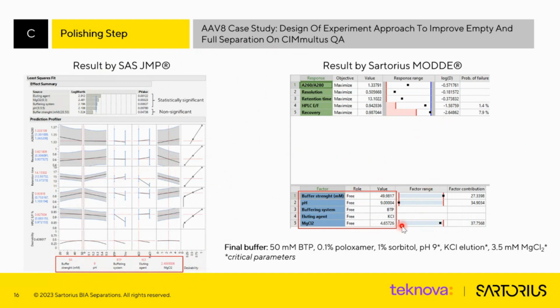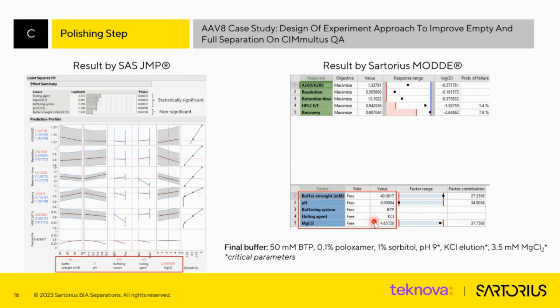On the opposite side, the MODDE was complementing those values, except for the magnesium chloride, where it said that the best results would be obtained with 4.7 millimolar magnesium.